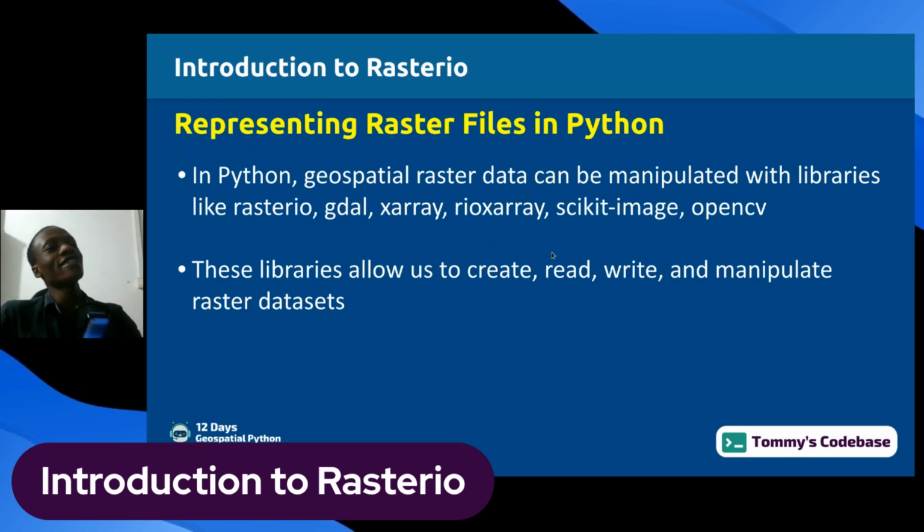There are others too, like scikit-image and OpenCV. The list continues, but I think these are the popular ones that you like to explore. Rasterio, we saw it the other time during the onboarding. GDAL also, I think. But XArray is a very powerful library for handling multi-dimensional data sets.